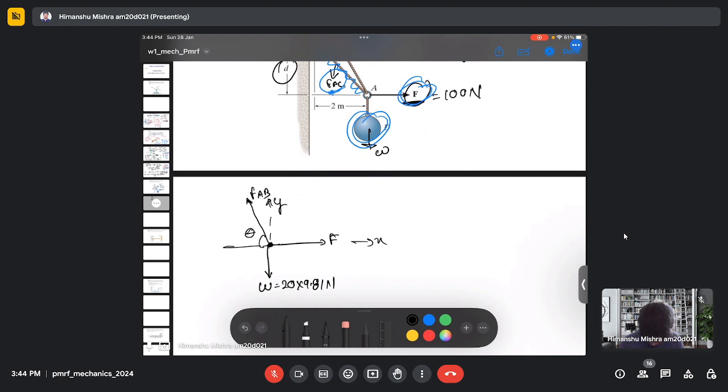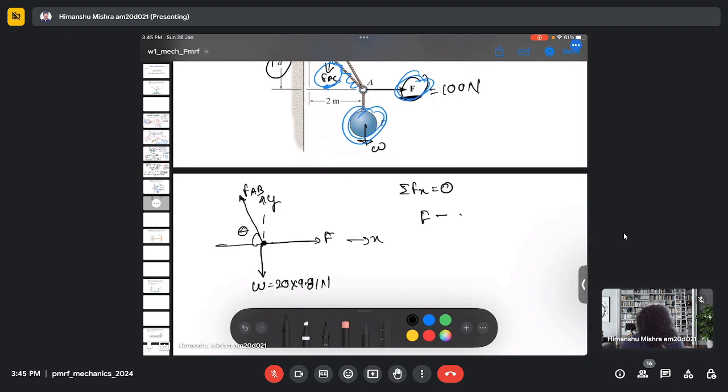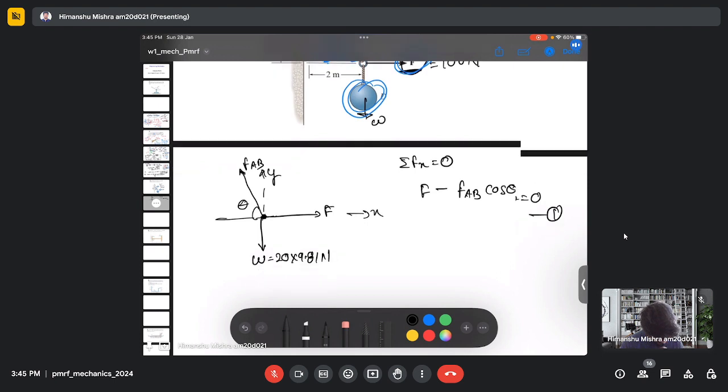Now the summation of the x component of force is 0, and it will be F minus FAB cos theta equal to 0. And this is my equation 1.